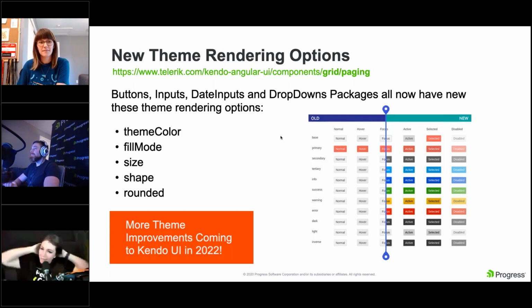It's also creating this really cool API with these options like theme, color, fill mode, size, shape, rounded, that are now, as of right now, available on buttons, inputs, date inputs, and drop-down packages. So that's a ton of components that now have all of those options, and you should very actively be seeing that across the board in 2022, maybe a little bit in 2023.